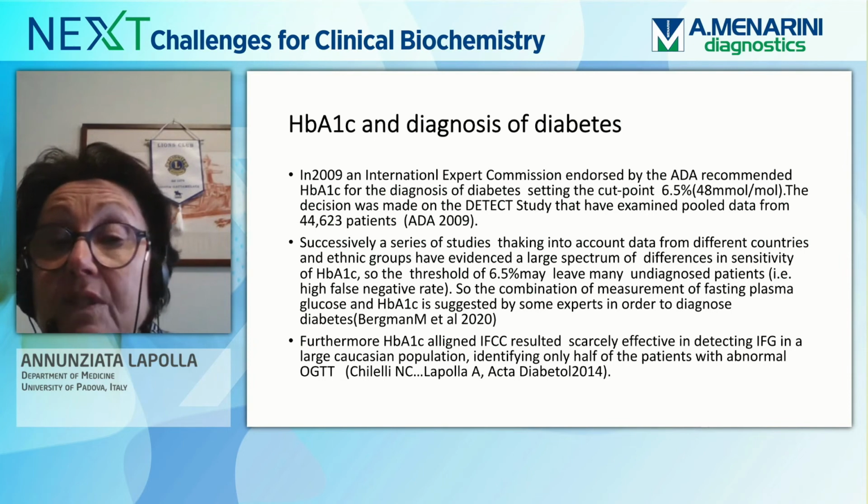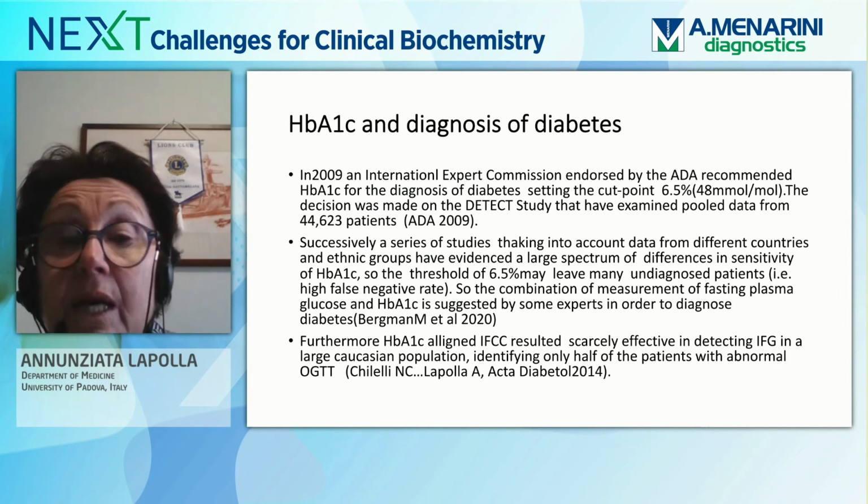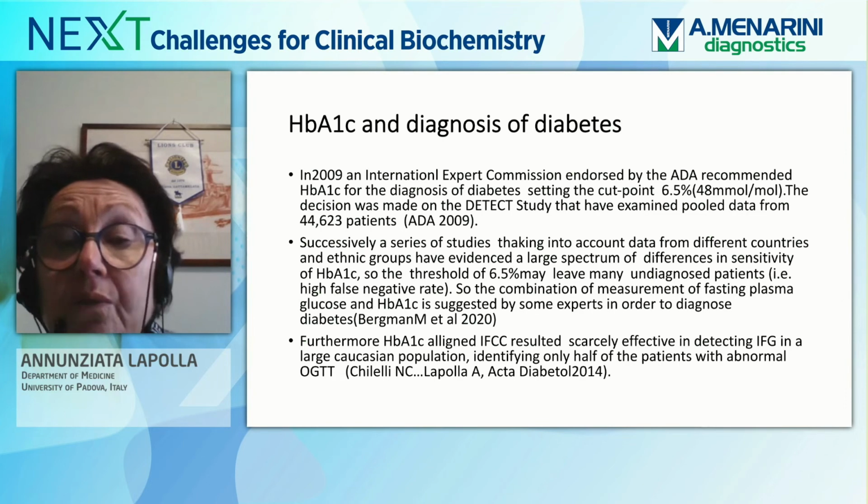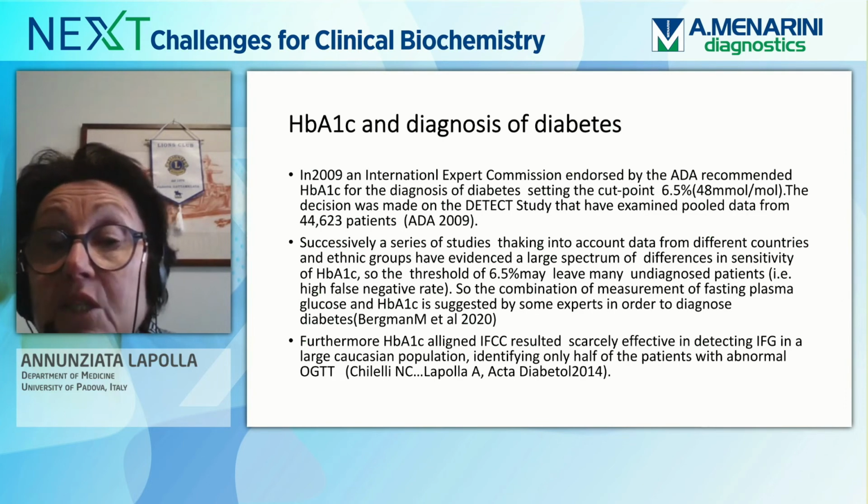Subsequently, a series of studies taking into account data from different countries and ethnic groups have evidenced a large spectrum of differences in the sensitivity of HbA1c. So the limit of 6.5% leaves a series of undiagnosed patients.